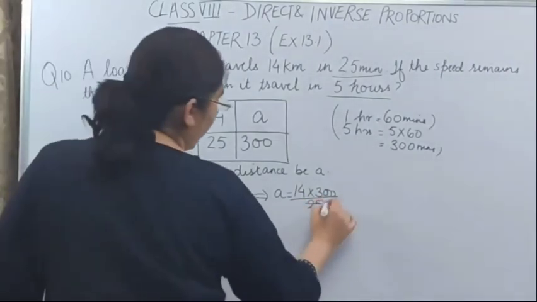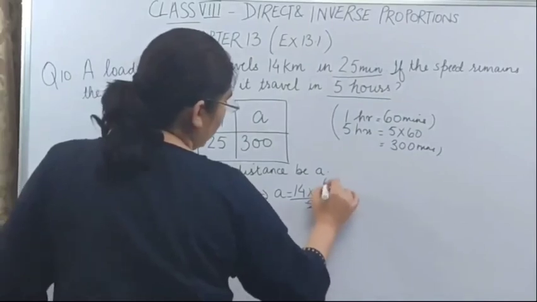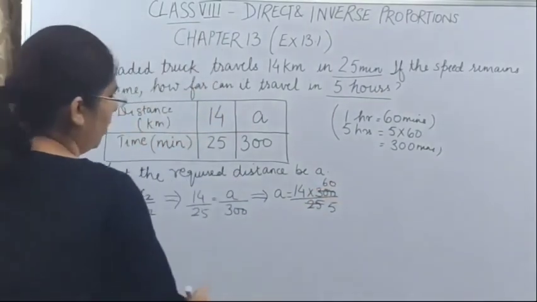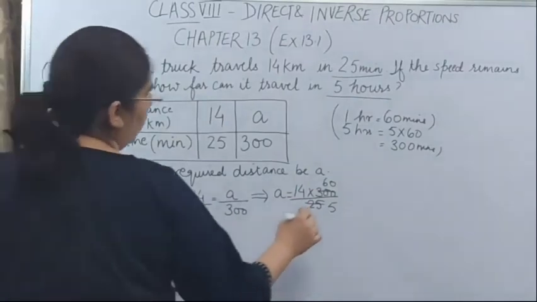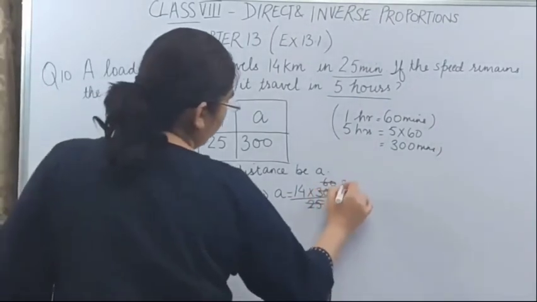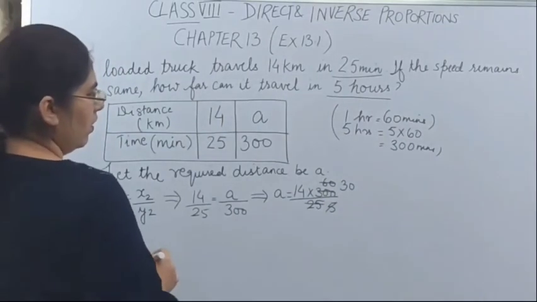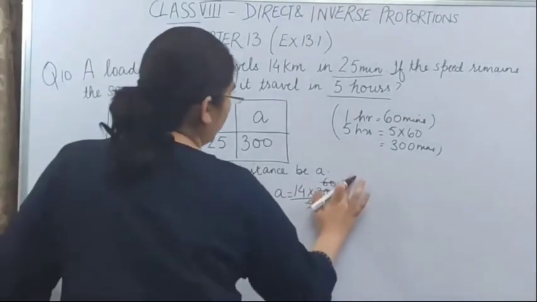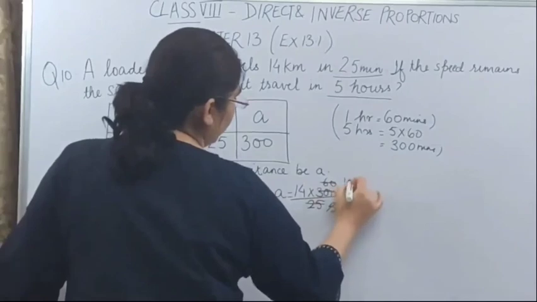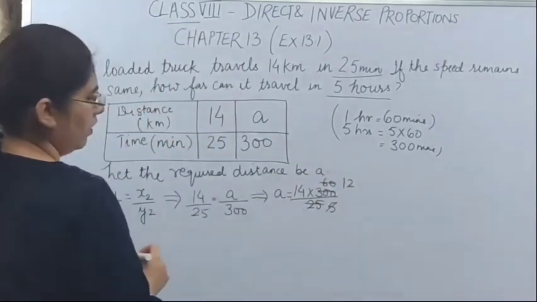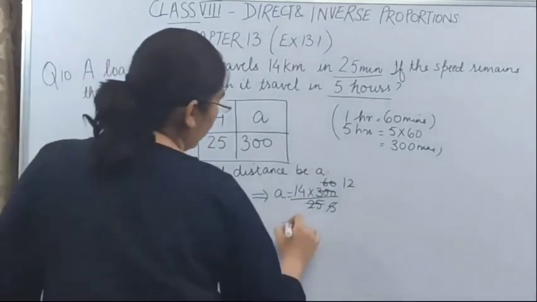So, we know 5 5s are 25, 5 6s are 30, and you know, 5 into 12. So, what do you get here?